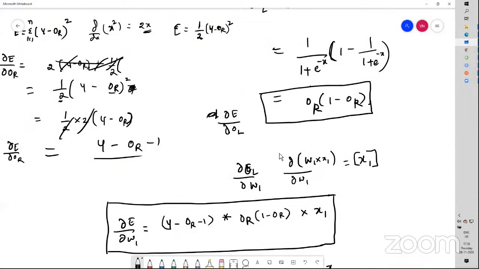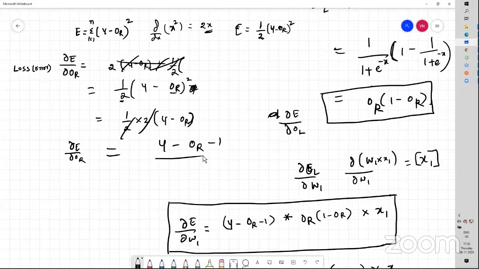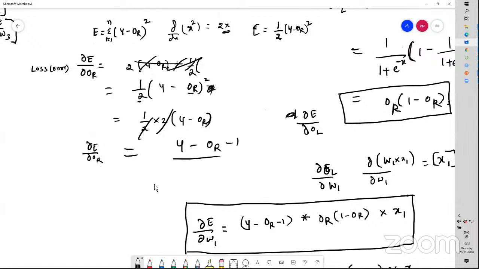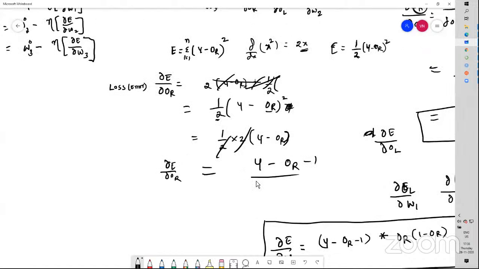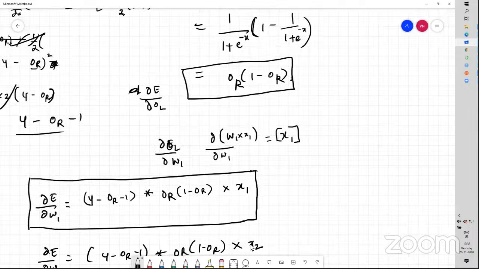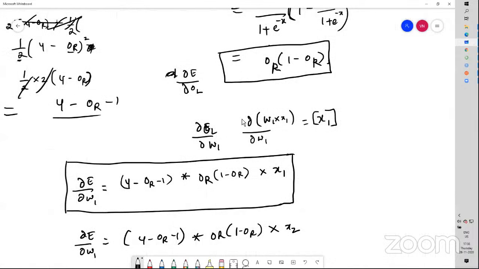For the first one, I don't need it, even though we could use it. What is the first derivative, dou E by dou OR? It is y minus OR, which is straightforward. And for the last one, the derivative of dou OL by dou W1 is x1 itself, so there is no complexity.